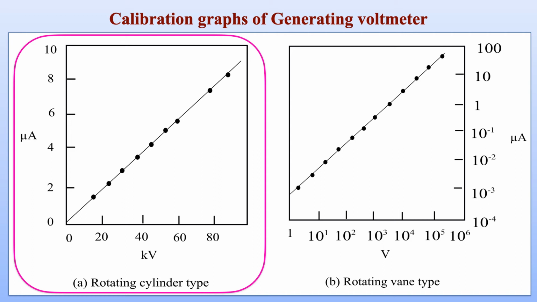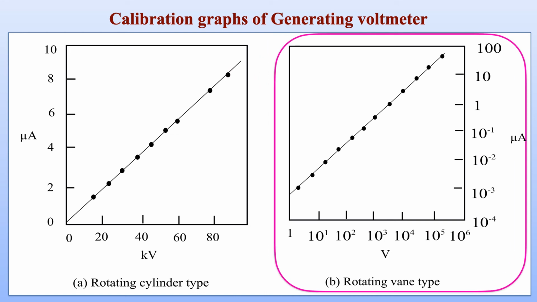There are two different types of generating voltmeters, either rotating vane type or rotating cylinder type. Generally the rotating cylinder type is used for the lower range of voltages to be measured, lying in the range of 0 to 80 kV and giving full scale deflection of the microammeter up to 10 microamperes.